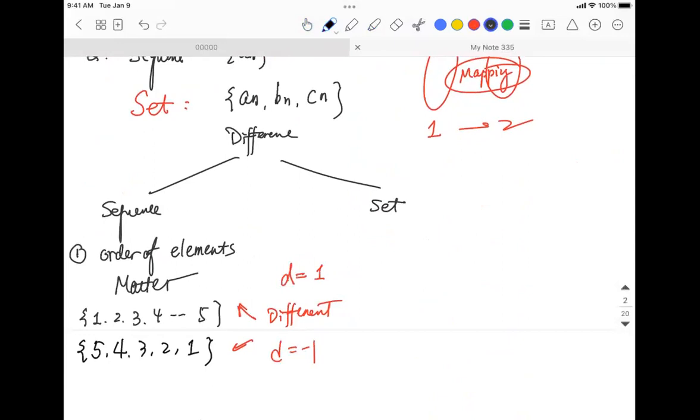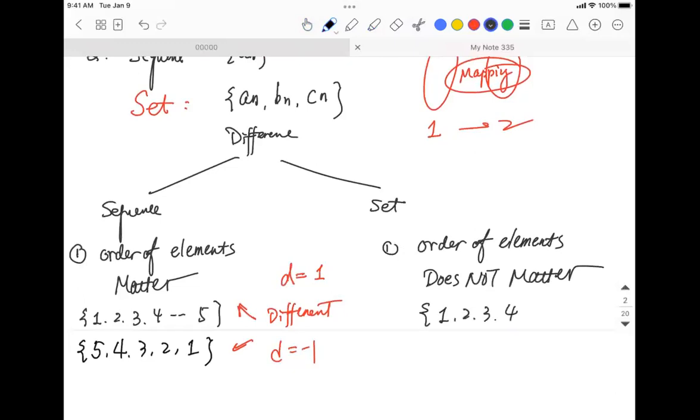However, if the same thing goes to a set, the order of elements in the set does not matter, right? So you have a set 1, 2, 3, 4, 5, or you have a set 5, 4, 3, 2, 1. These two sets are exactly the same thing, right?